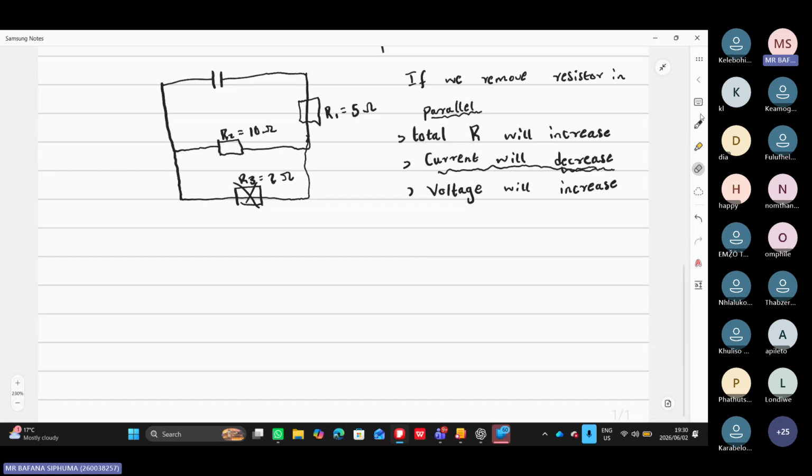The EMF is actually the maximum energy provided by the battery per unit charge, right? And most of my students, I told you, you go and buy a battery. I love making an example using a battery. What happens in that battery? It will be written 9V on that battery.